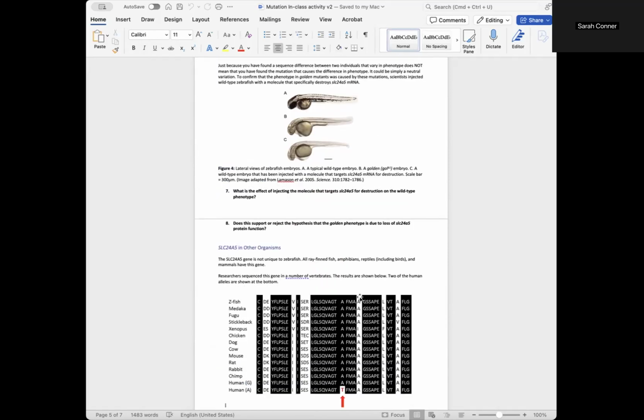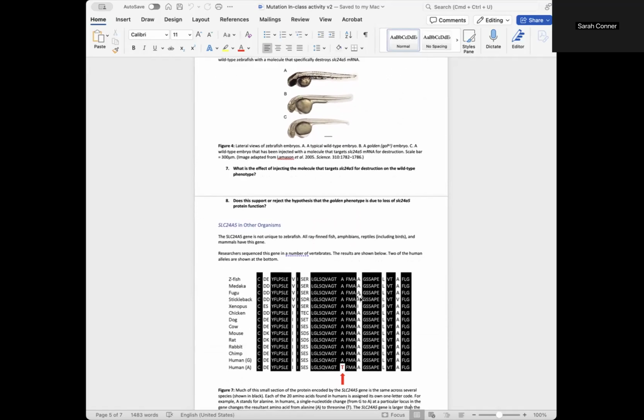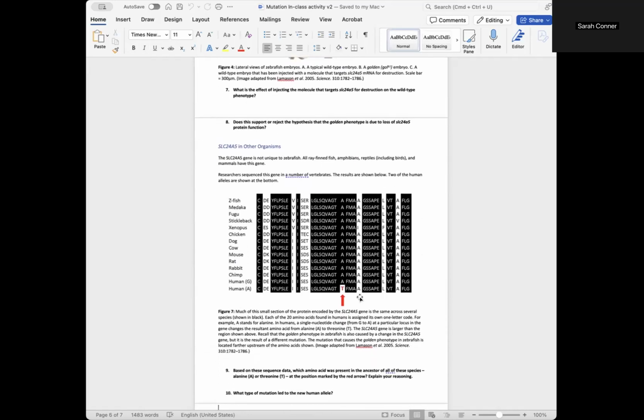Then you're looking through a number of vertebrates and their alleles, comparing them and answering a few more questions on how they're different or the same, and what's missing for each one. It's an interesting little study, and a little bit fun, going through the differences between each of those species.